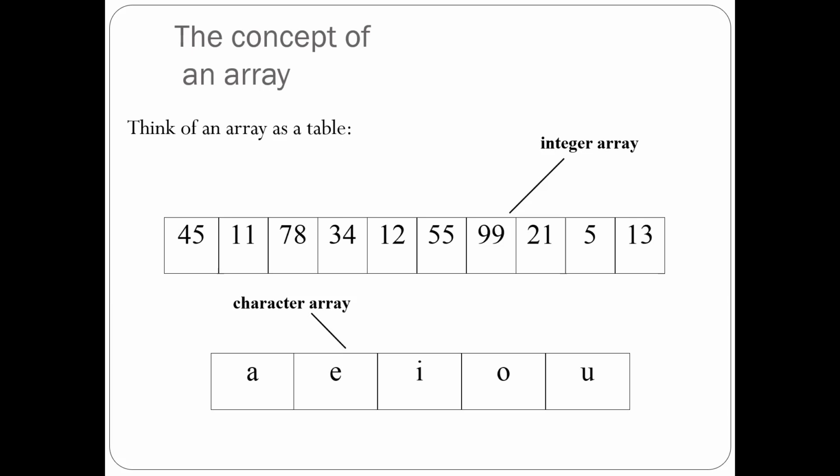But all you really need to be aware of in terms of arrays is that it's like having a load of cardboard boxes sellotaped together in a row, and inside each of those boxes is a value equivalent to the data type that's being stored in there.